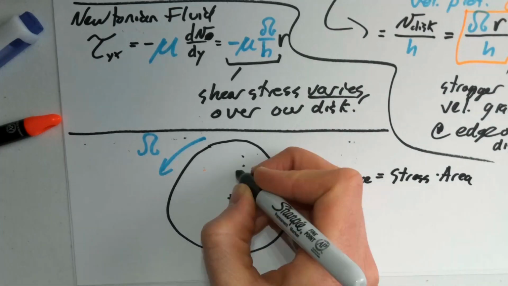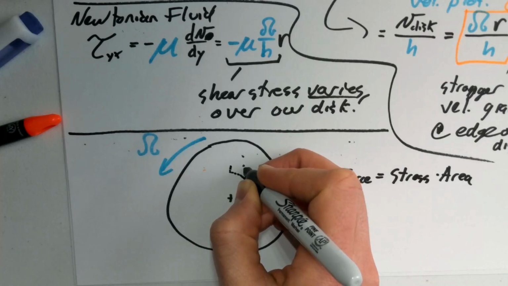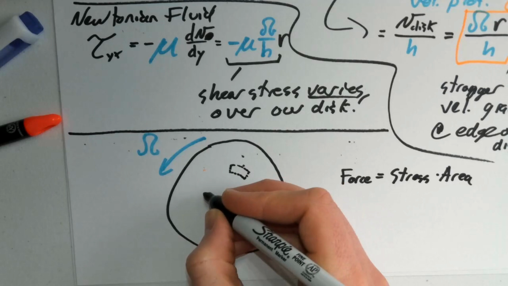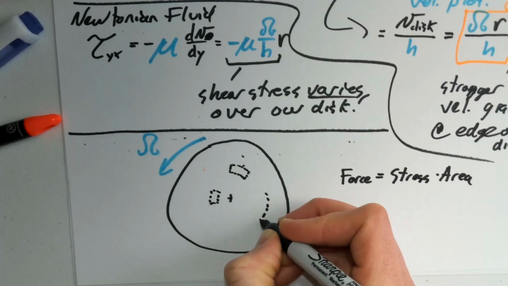So what I could imagine is a little chunk of this disk, maybe here. I could imagine another little chunk, and another little chunk.